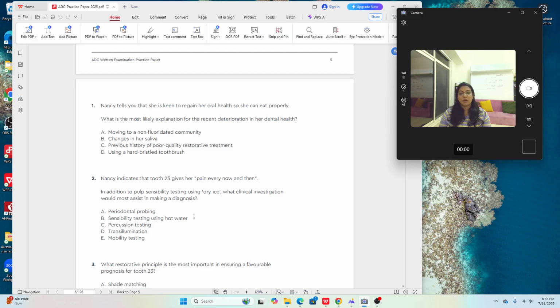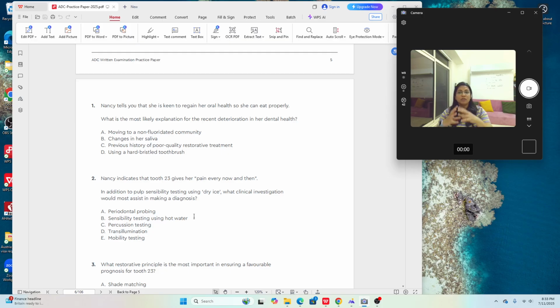Sensibility testing using hot water can also be done, okay? But that is usually done when there is almost necrosis or an abscess about to develop. Otherwise, it's not going to give you a good result. Percussion testing will give you the periapical result. Sensibility testing using hot water would still give you the pulpal result. It won't give you the periapical result.